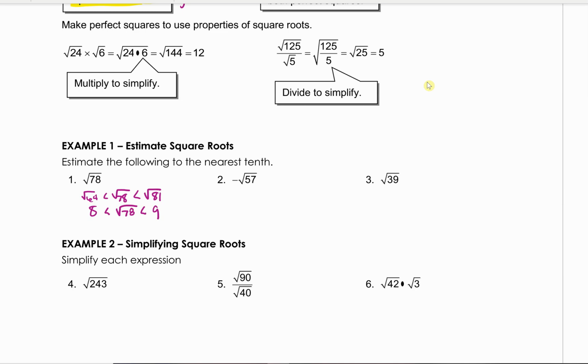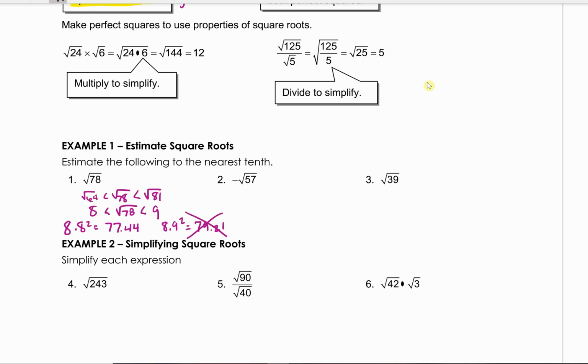Let's try 8.8 squared. 8.8 squared is 77.44. 8.9 squared is 79.21.